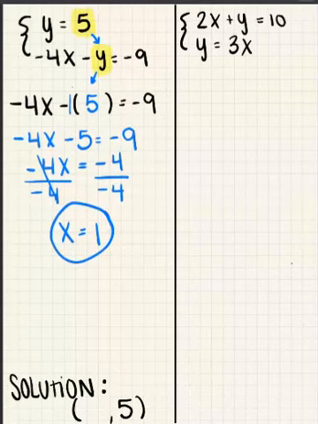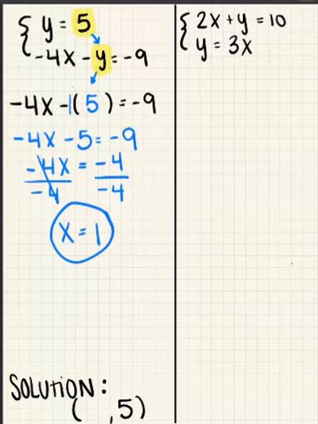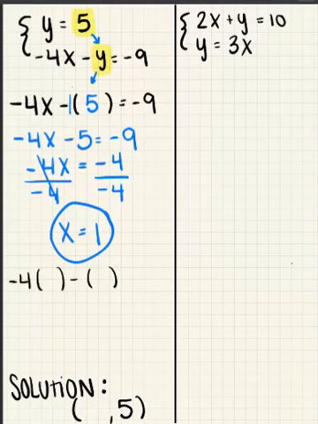Perfect. That is what I needed. I could plug that back in to double check my answers. If we wanted to check our answers, all we have to do is plug in our solution into both of the equations. The top one just says y equals 5, so that's even less to have to plug in. But if we wanted to try it, just to see if it's correct, we need to see if this statement comes out true.